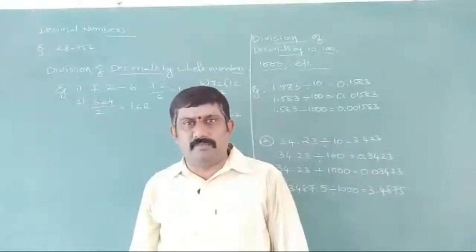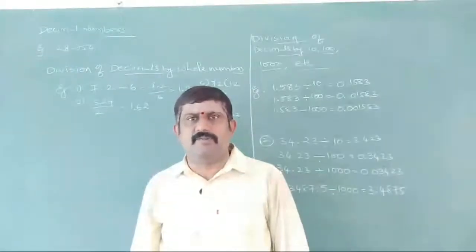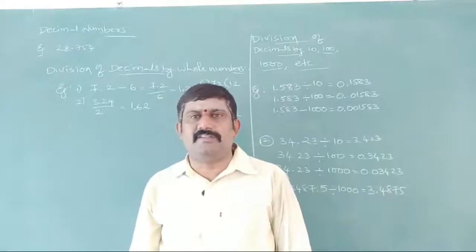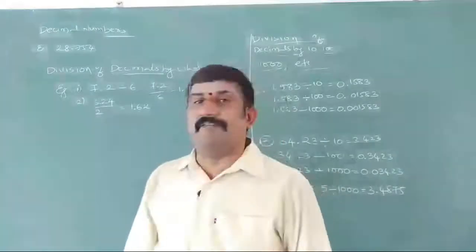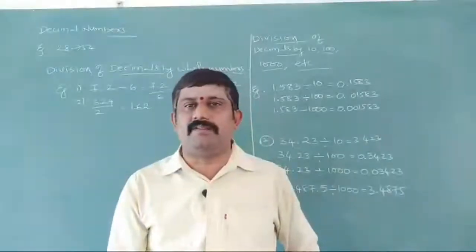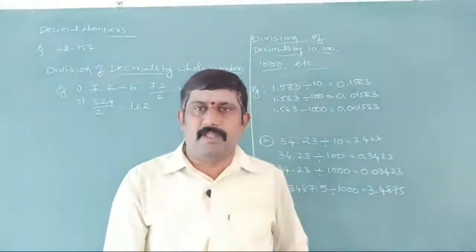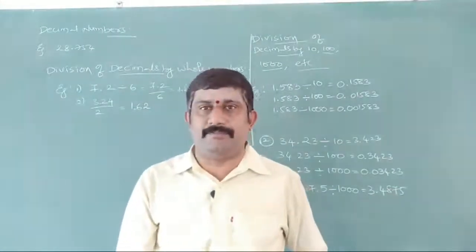Okay. So try some more. If you get anything, we'll continue in the next class if possible. Okay. So this is enough for today. What we have discussed here, we have discussed two topics. One is multiplication of decimals. Second one is division of decimals. In multiplication of decimals, we have two types.